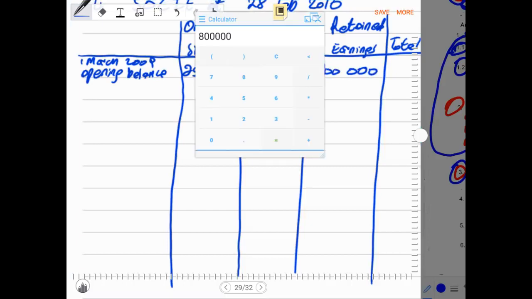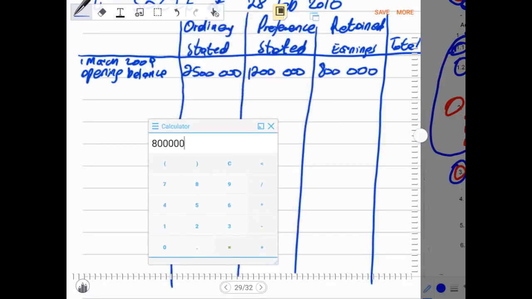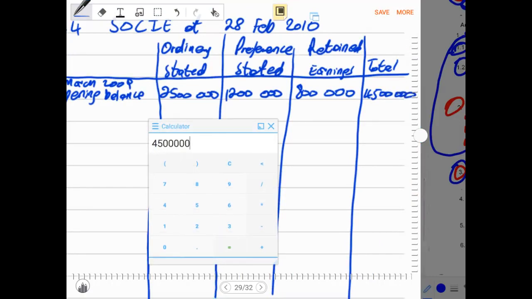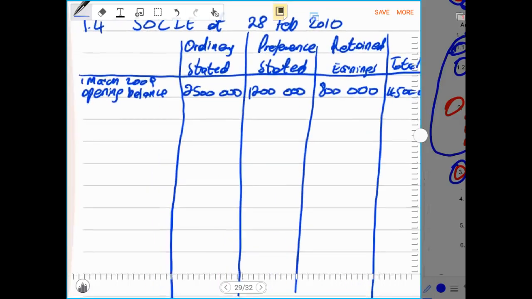And if we add the three, that will be 800,000 plus 1.2 million plus 2.5 million. That will give us 4,500,000 rands. Then let us check now if we can record the entries.